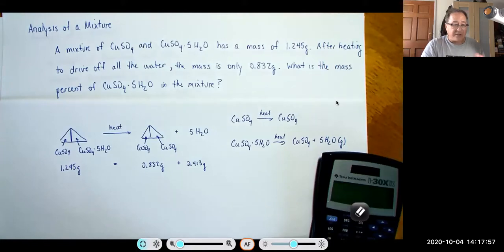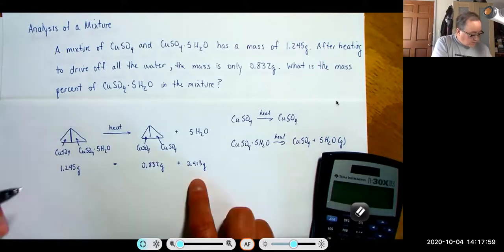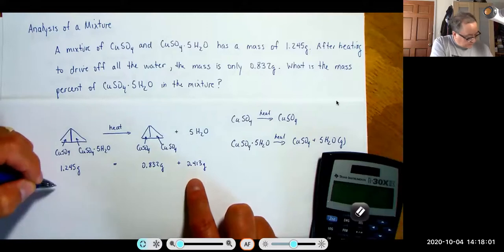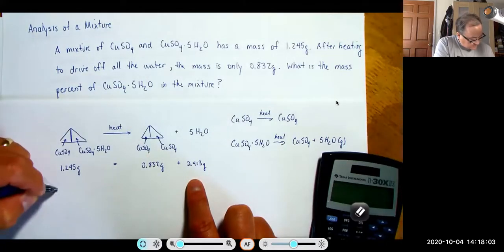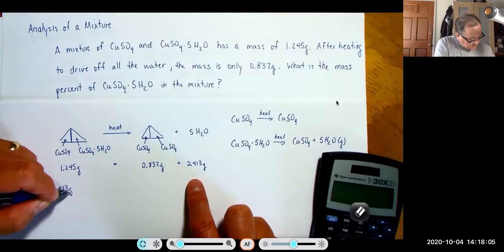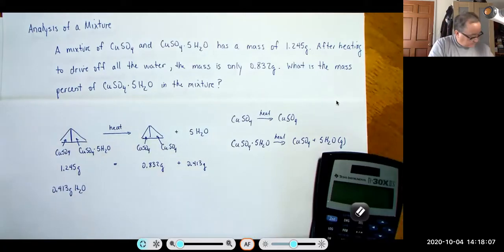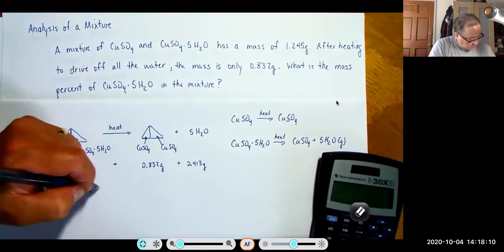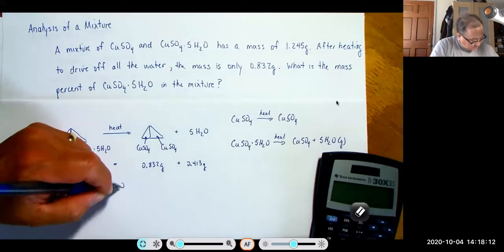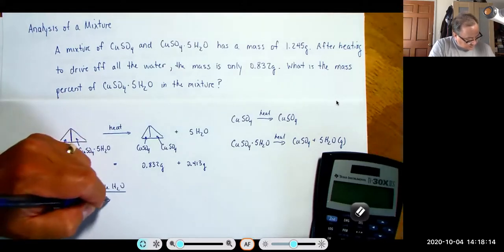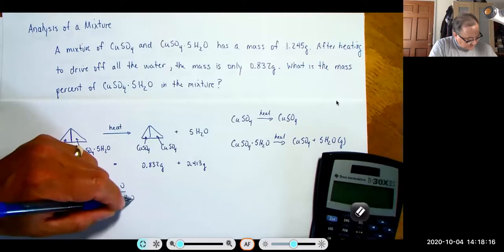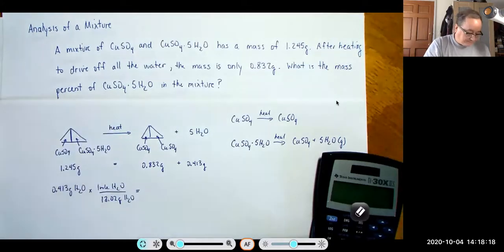All right, so let's see, what can we do with that number? Well, with that number, we can figure out moles of H2O. So we get 1 mole of H2O per 18.02 grams of H2O. And let's see what we get here.